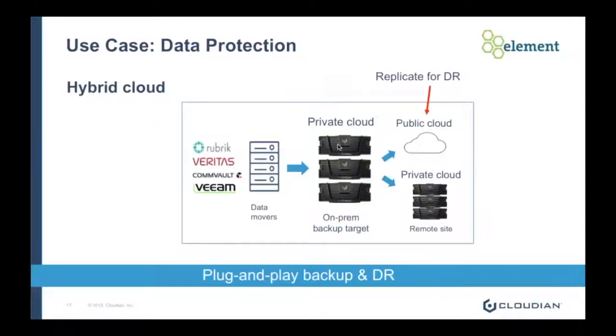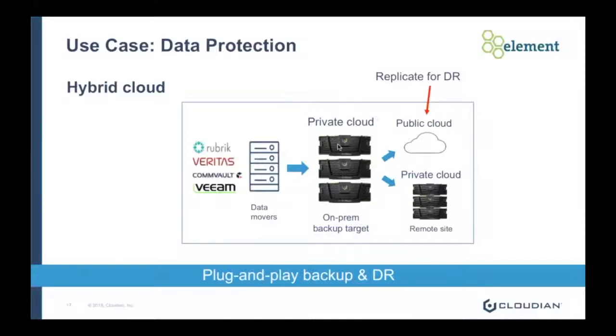Another really simple use case for this is data protection, because all of the data protection providers, Rubrik, Veeam, Commvault, Veritas, now offer S3 connectivity built in to their solutions. The last one to announce this is Veeam.